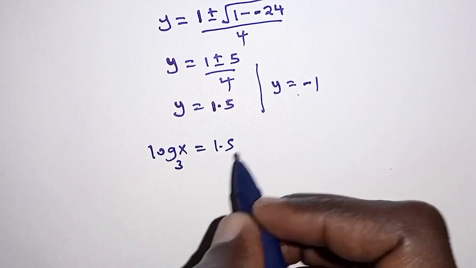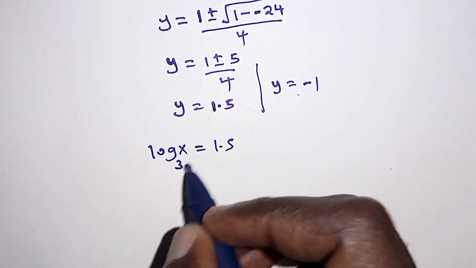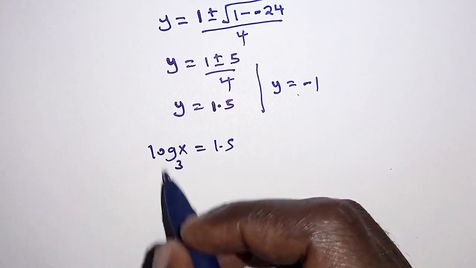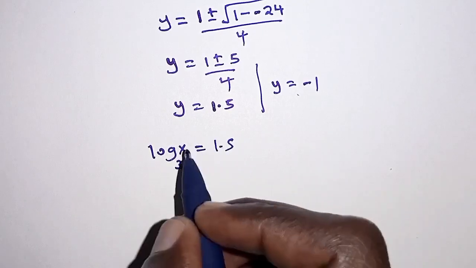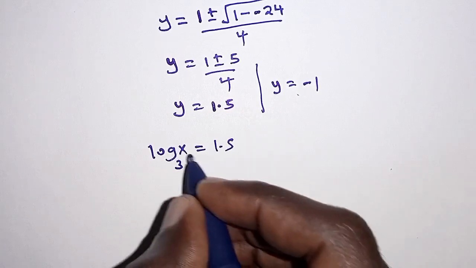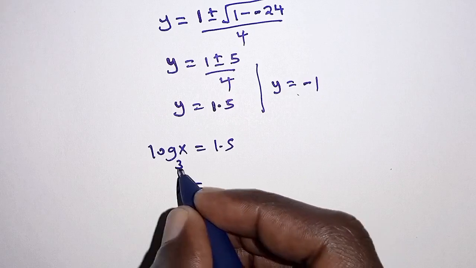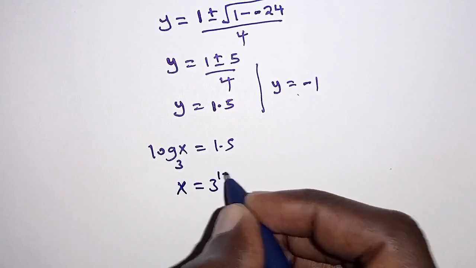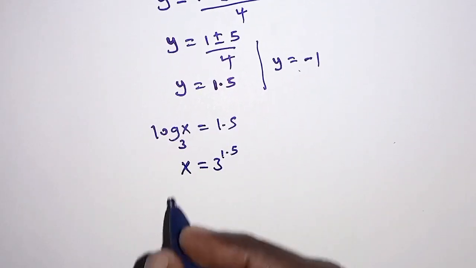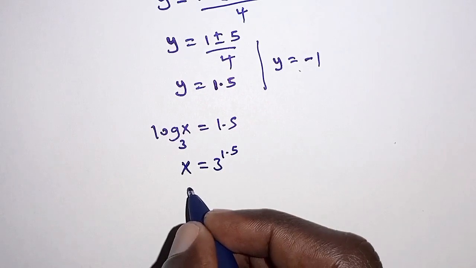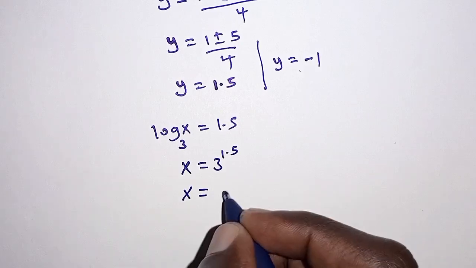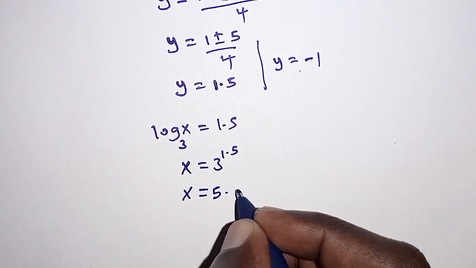Remember, we can express from logarithm form to index form. We'll have the base raised to this number here should be equal to x. So x is equal to 3 raised to 1.5. And if I press this in my calculator, I'm getting 5.196.